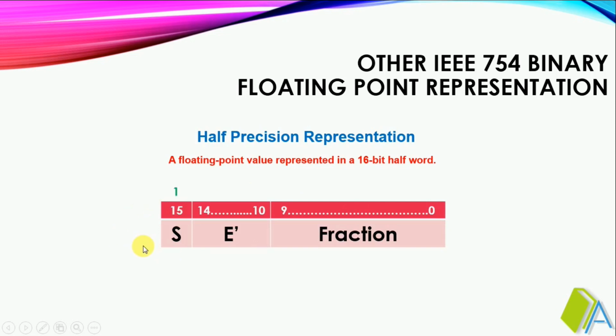The first bit is the sign bit, 5 bits are for representing the biased exponent, and 10 bits are used for representing the fractional field. So totally 16 bits for representing the given floating point number using half precision format. The bias value used to calculate the biased exponent is 15 in case of half precision format.